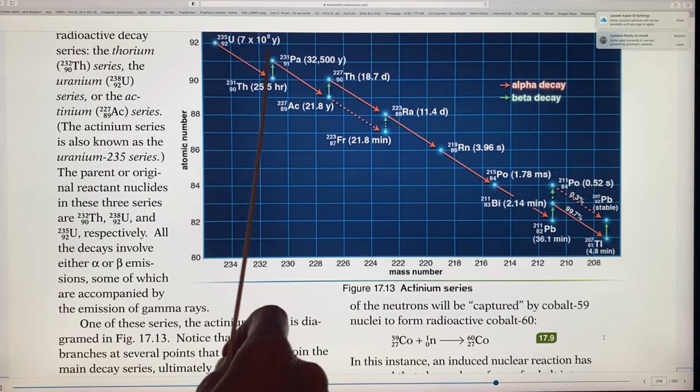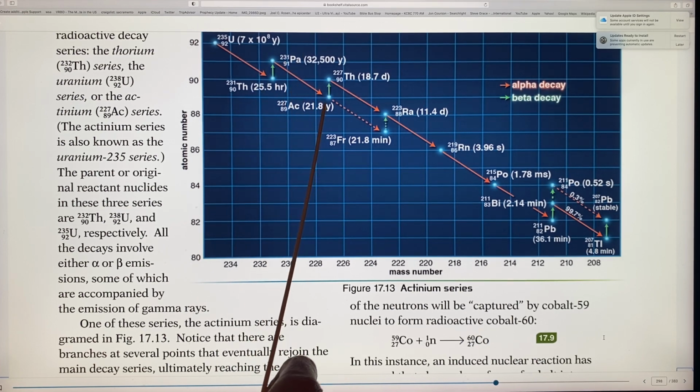First, thorium goes here, changes into Pa. It goes down further, changes into this. And each time it goes down, it changes into something new. This is the actinium series in itself. See this figure, how it's decaying. Just know that it goes through a chain reaction of decay.